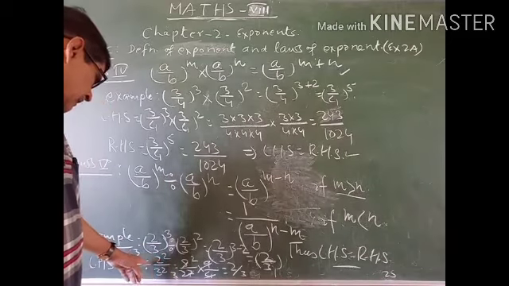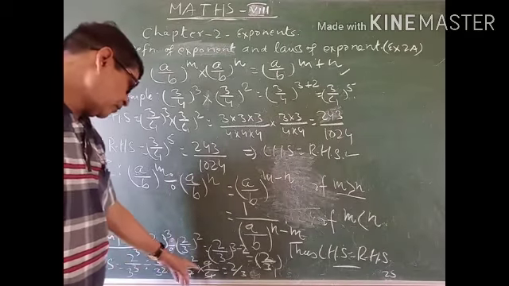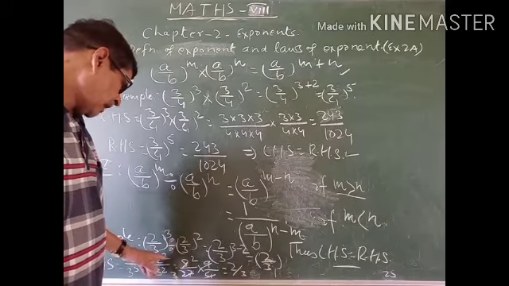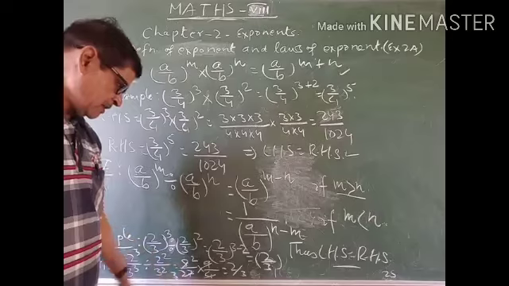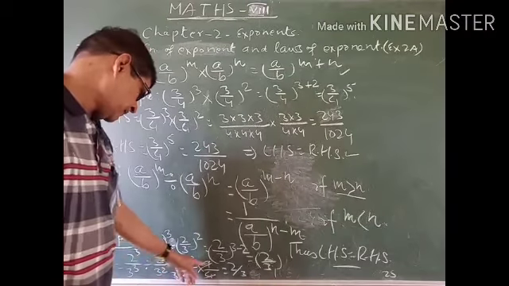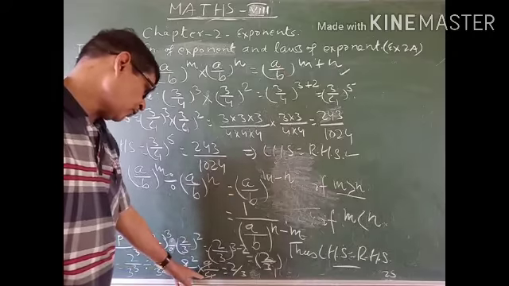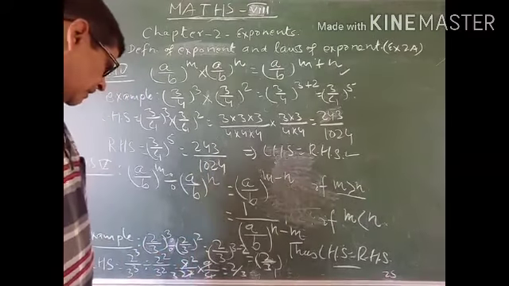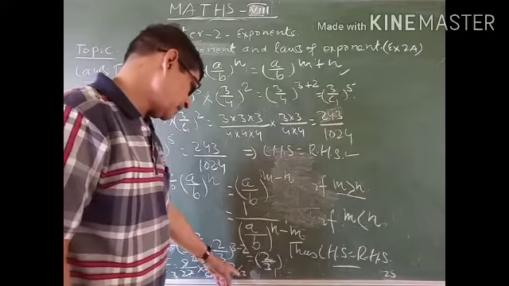Here division will be changed into multiplication. 3 square will go and 2 square will be in the denominator. This will become 9 and this will become 4. And on cancellation you get 2 by 3.